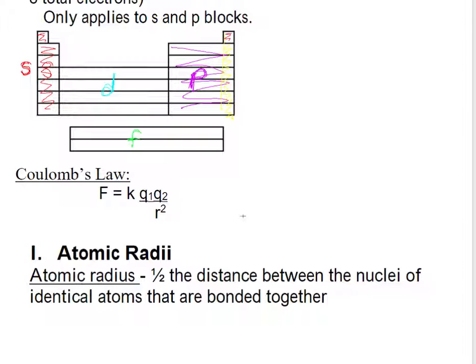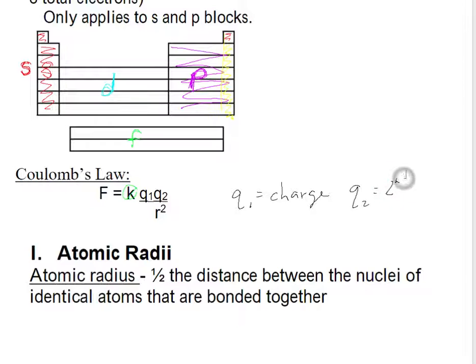Coulomb's law is the reasoning behind all of our trends that we're going to see below. So Coulomb's law says that the force, that's what F is, equals K, which we will not worry about, so we're going to completely ignore K, times Q1. Q1 is a charge, as is Q2.